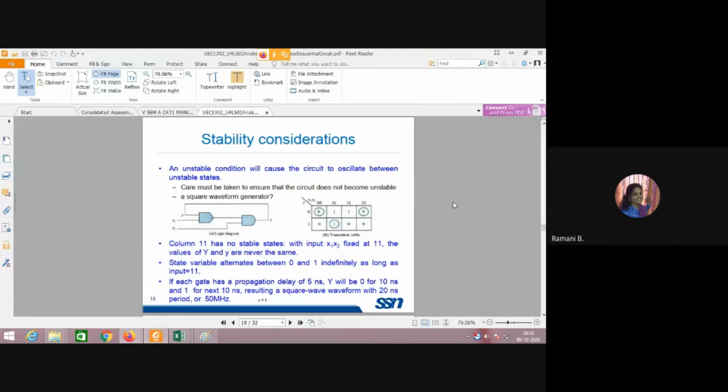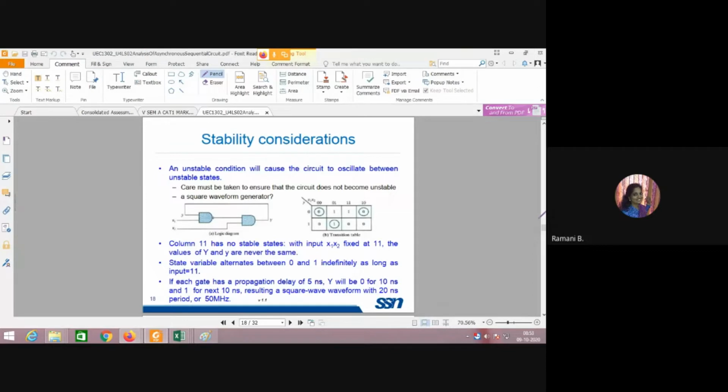So here is an example. In this particular example, your excitation variable capital Y is actually equal to small y and x1 NANDed, so x1y the whole bar, into x2.